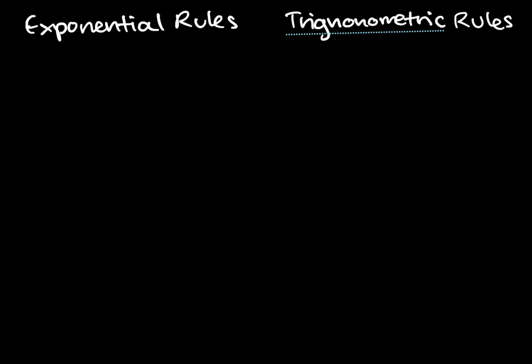So let's begin with our exponential rules. How do we find the derivative of e to the x? Simply put, it's just e to the x, which is great.